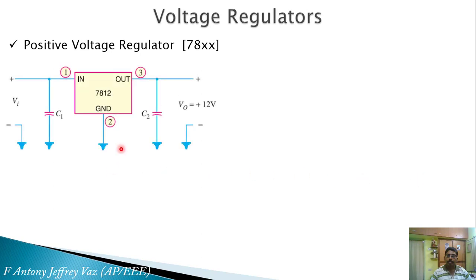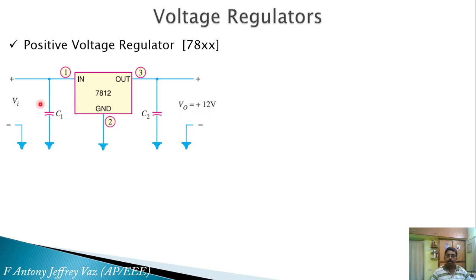This is the circuit diagram of a positive voltage regulator connection. You can see the input terminal. Here you have to give the input to the IC in one, and this is the ground terminal of the IC. Here you have to give the input supply to the IC. It may be above 12 volt because it is a 7812 regulator, so you can give 20 volt or 30 volt or 15 volt, but the output V out will be constant at 12 volt.